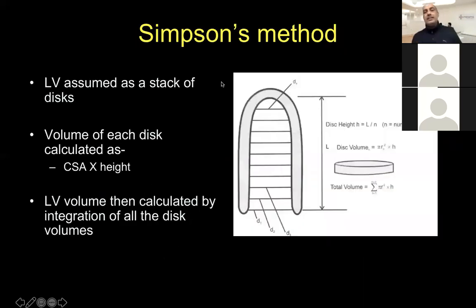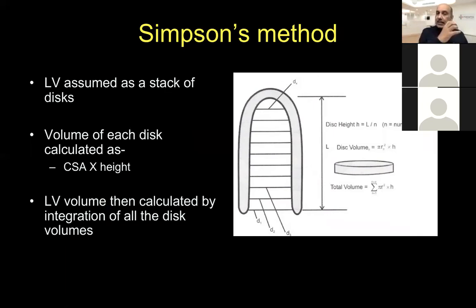The best method is Simpson's method, and in practical terms we use the modified Simpson's method. In Simpson's method, the whole length of the left ventricle is divided into 20 discs, and it calculates each disc's volume by multiplying the height of the disc, about a centimeter, whatever the disc thickness would be, dividing by 20, with the radius of that particular segment, giving rise to a summation of 20 discs to calculate the volume of the whole ventricle.